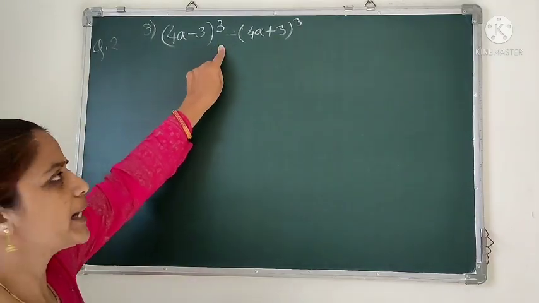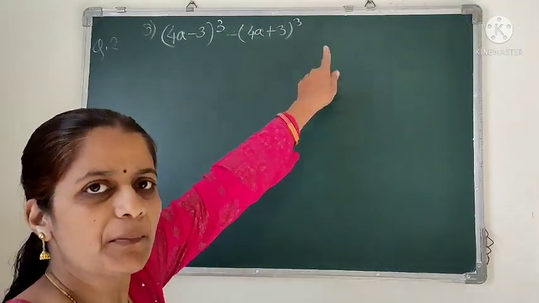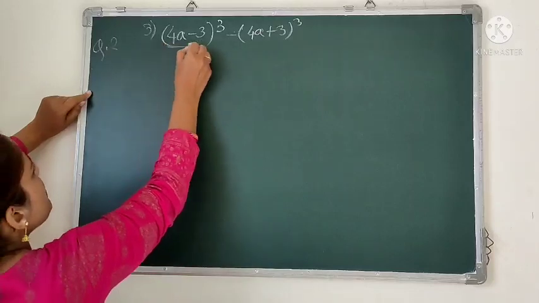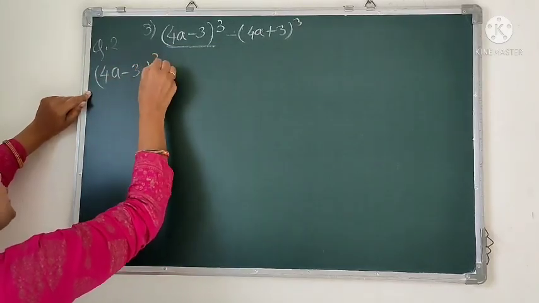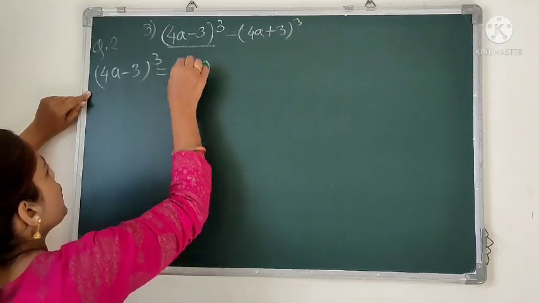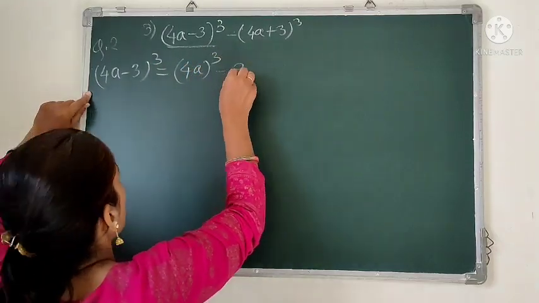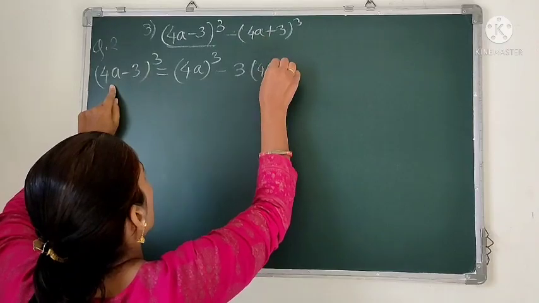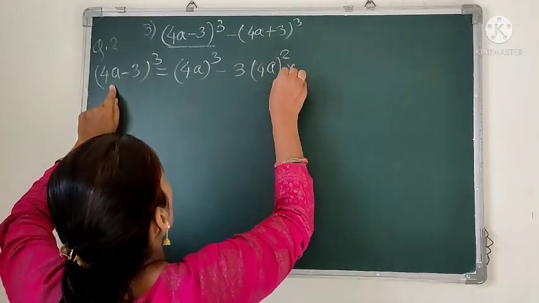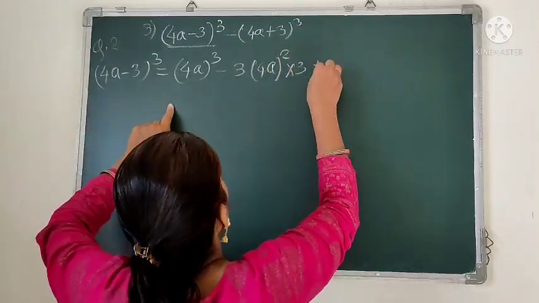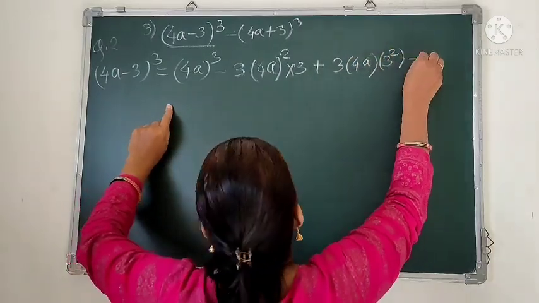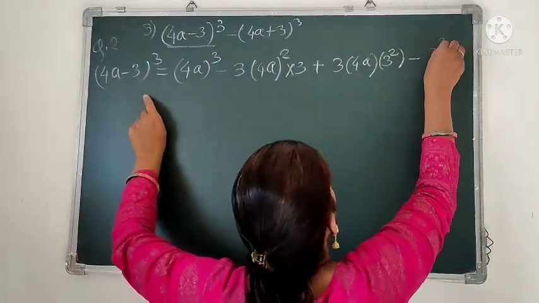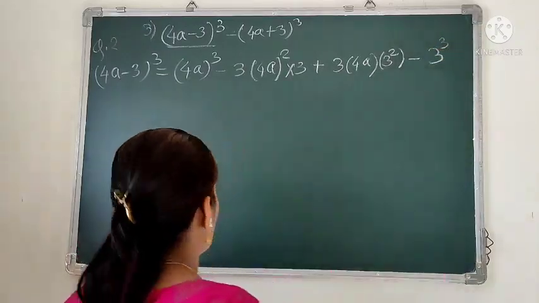Example number 3. (4a - 3) cube minus (4a + 3) cube. First bracket we will solve. (4a - 3) cube: (4a) cube, 3 into (4a) square into 3 plus 3 into 4a into 3 square minus 3 cube.